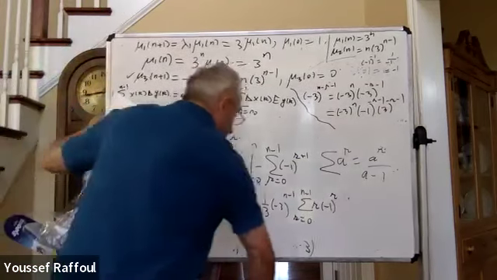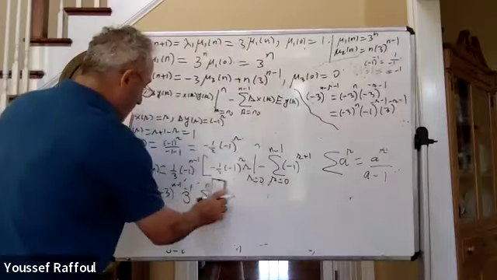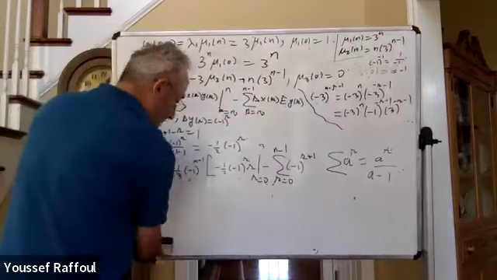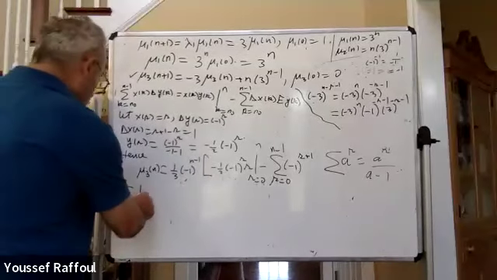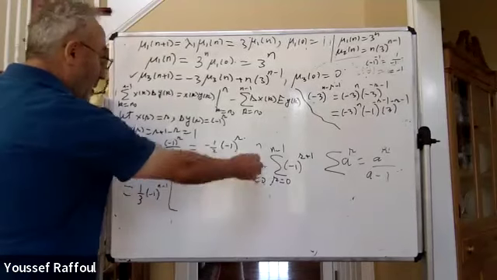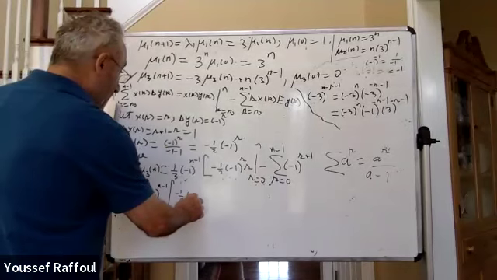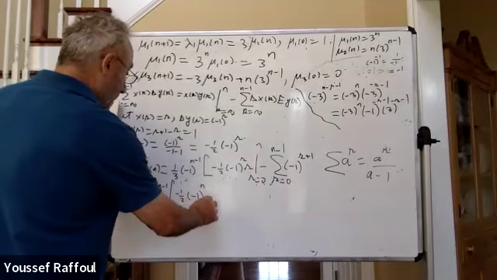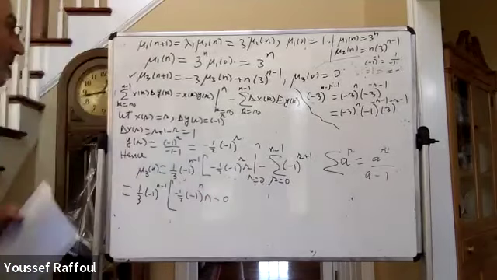Okay, so let me erase this. And that is 1/3 times −3^(n−1). If I put r equal n, it will be −1/2 times (−1)^n times n, minus 0.